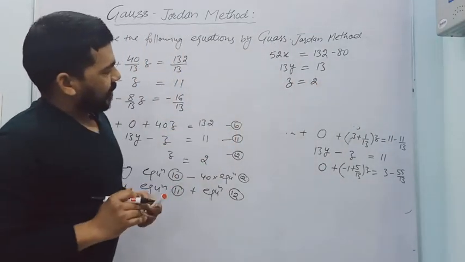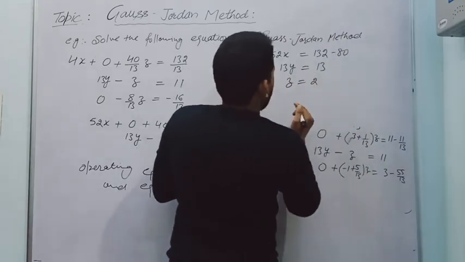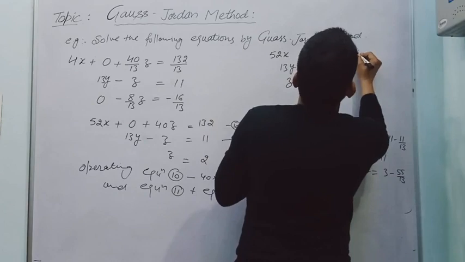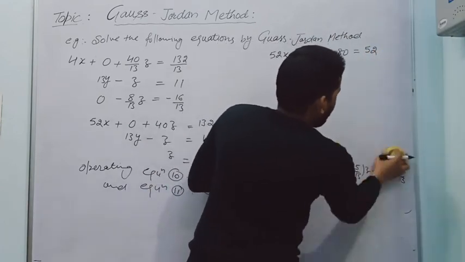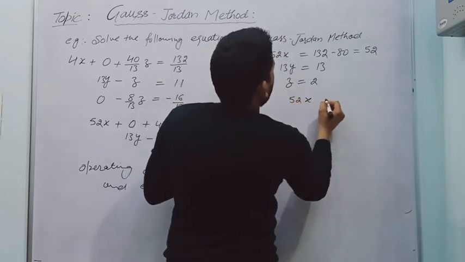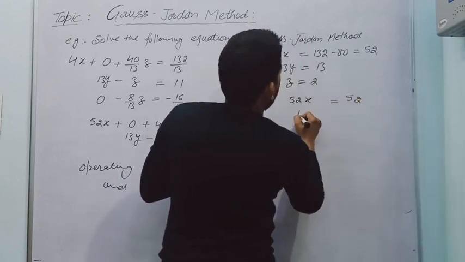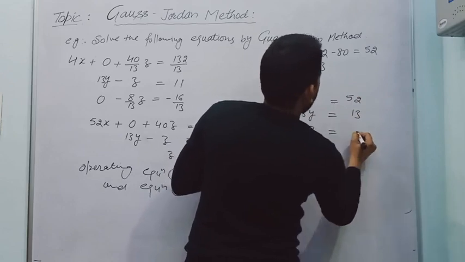So I have these equations now. Now this equation can also be written as 132 minus 80, it will be equal to 52, right? So again, this can be written as 52x is equal to 52, and 13y is equal to 13, and z is equal to 2.